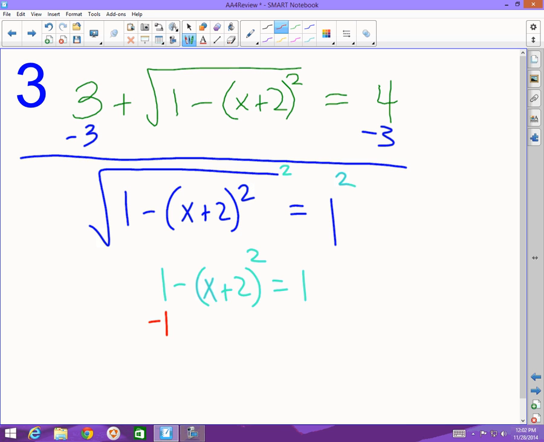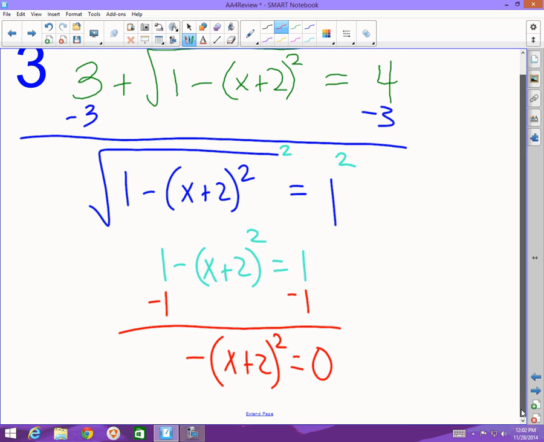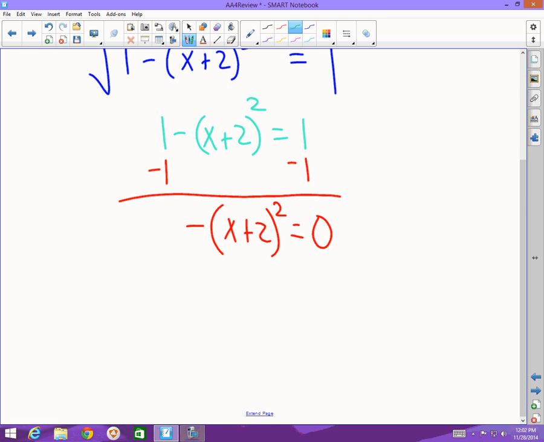Then we're going to subtract 1 and get negative of x plus 2 squared equals 0. Get rid of the negative sign, so it becomes x plus 2 squared still equals 0, because you're just multiplying by a negative 1.